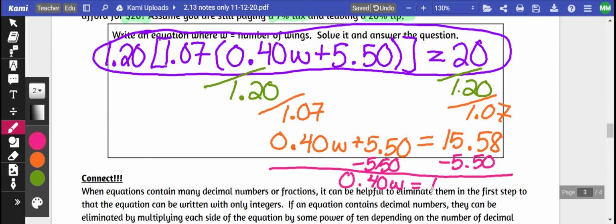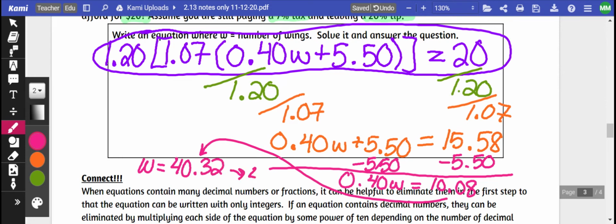And I get $10.08. And take that divided by 0.25. And we get 40.32, which we would round to 40 wings.